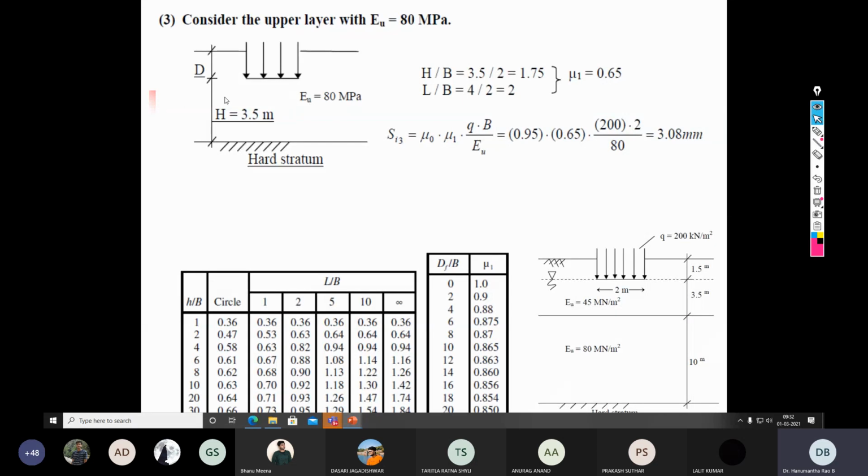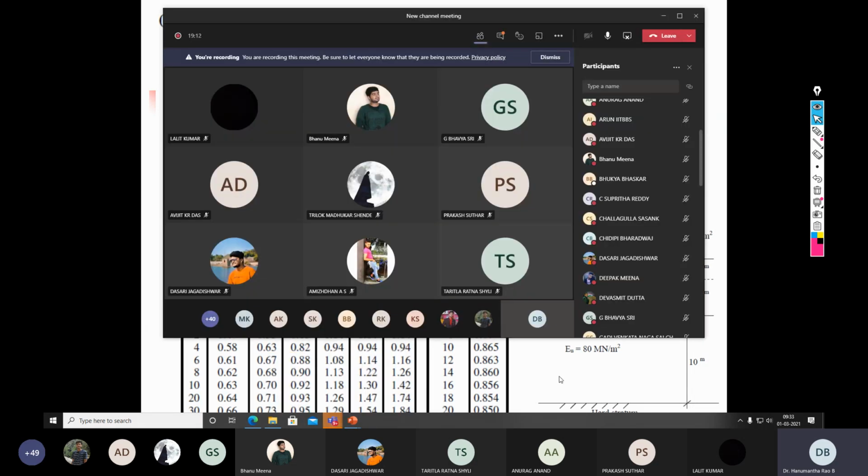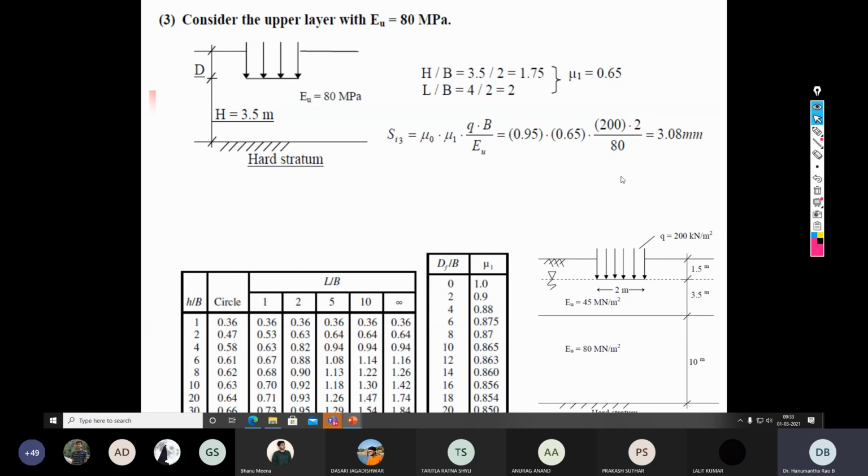Herein again, we considered the layer thickness as 3.5 meter, but whatever assumption we made in step number 2 is compensated in step number 3 by assuming EU of 80 megapascals. So there will not be any change in the values of mu naught and mu 1, which are identical to those of step number 1. The only change is EU, that is instead of 45, it will now be 80 megapascals. So substitute into this equation and get the values of elastic settlement for layer number 1, layer number 2, and layer number 3.